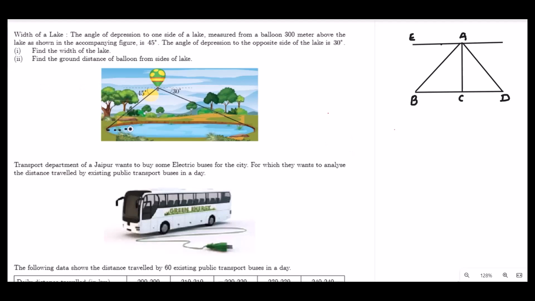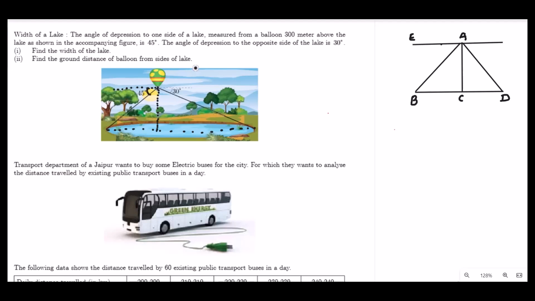This is the lake. You can see the lake here, and the angle of depression from the balloon to this lake is given, right? So this angle we are given as 45 degrees.